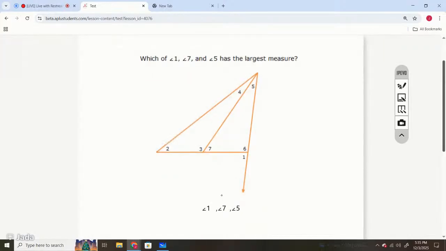Which of angle 7 and angle 5 has the largest measure?